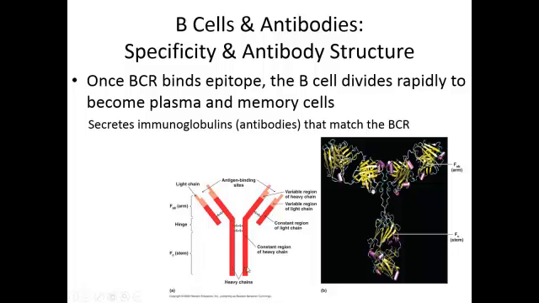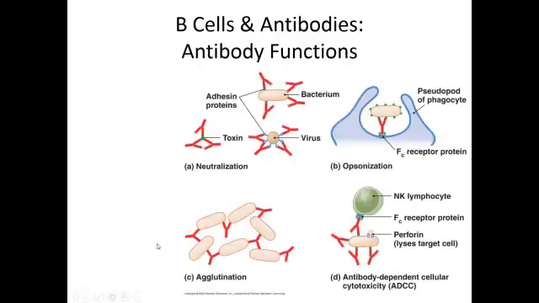Now lastly, down here on the end of the heavy chains, opposite from the antigen binding sites, is what's called the Fc portion. This becomes important in some of the functions of antibodies, which we're going to talk about now. First off, antibodies can neutralize pathogens, viruses, or toxins.